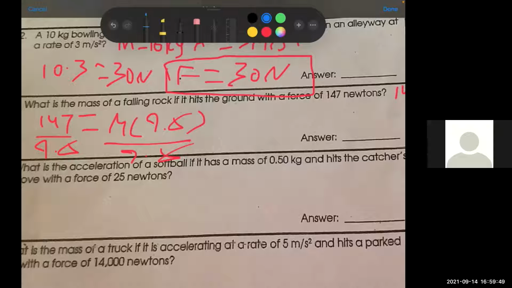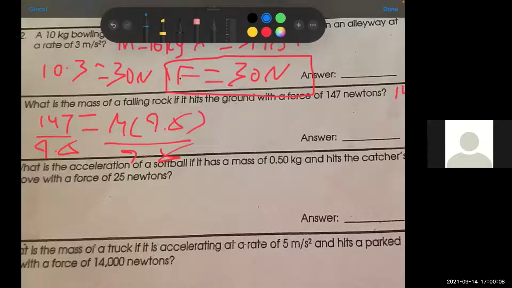Let me go to the math and try to see. Let me plug this answer in.